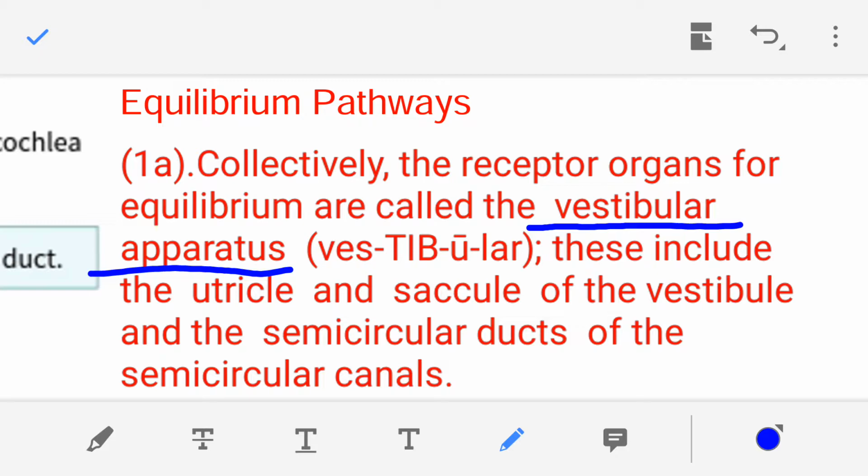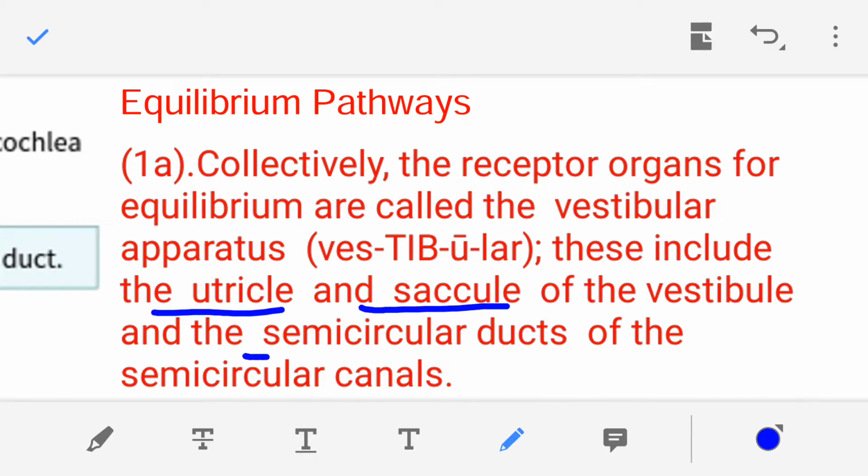For the equilibrium process, the receptor organs are present in the vestibular apparatus, and in the vestibular apparatus the utricle, saccule and semicircular ducts are involved. So simply we can say, for the balancing or equilibrium of our body, the utricle, saccule and semicircular ducts are involved.